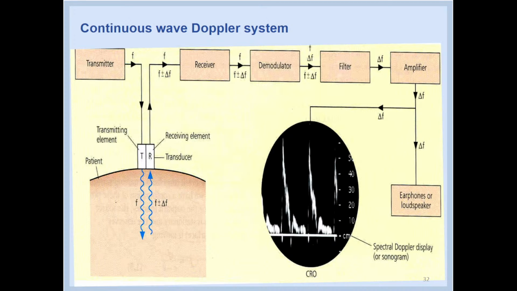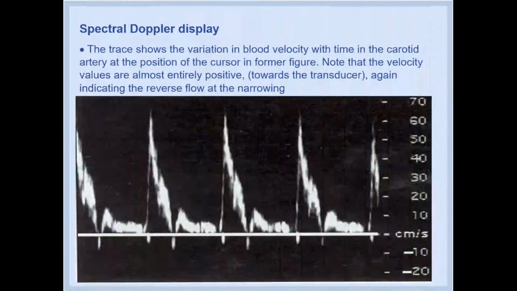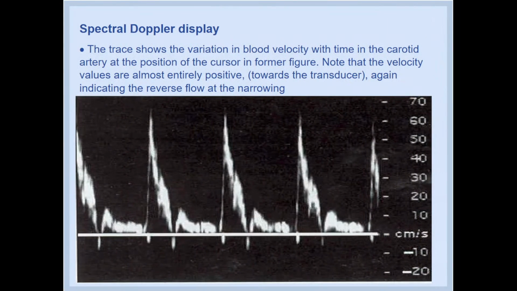Positive values of Doppler shift indicate the reflectors moving toward the probe, whereas the negative values show the reflectors moving away from the probe. The trace shows the variation in blood velocity with time in the carotid artery in this photo, at that position of the cursor that was shown.